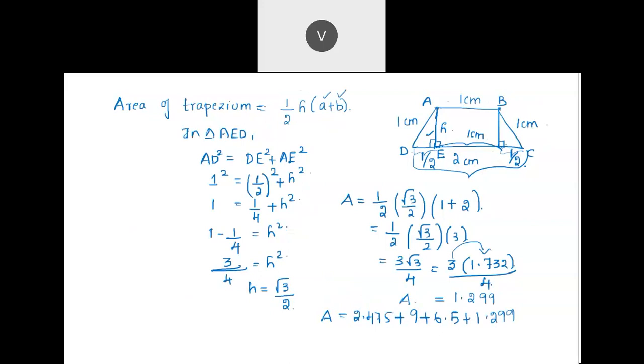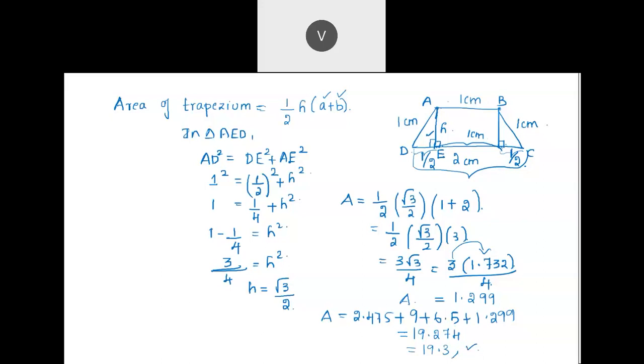Add all this. The final answer is 19.274, and we can take this as 19.3 approximately. In your textbook they have given 19.4, but 19.3 also we can take.